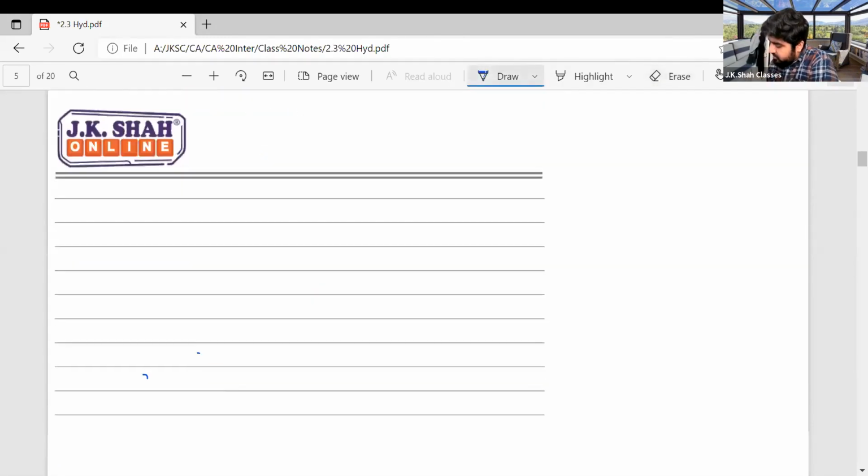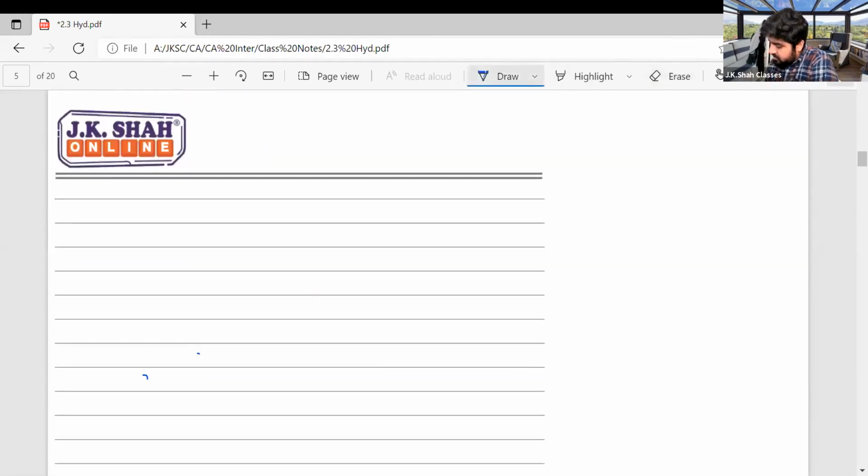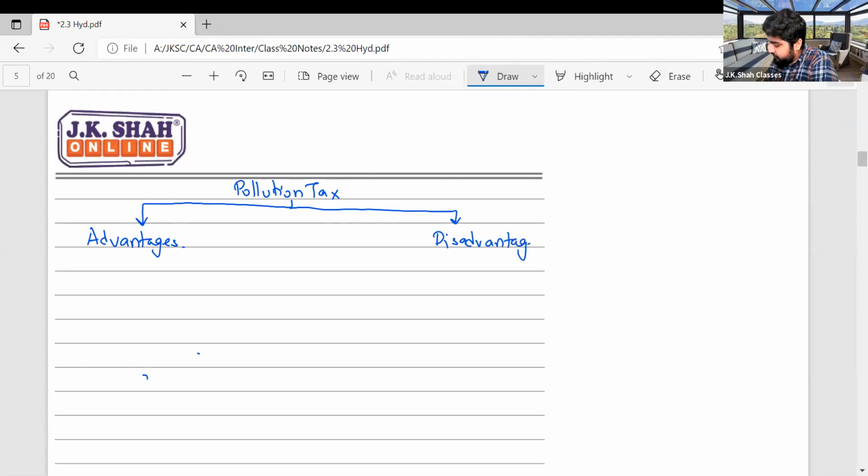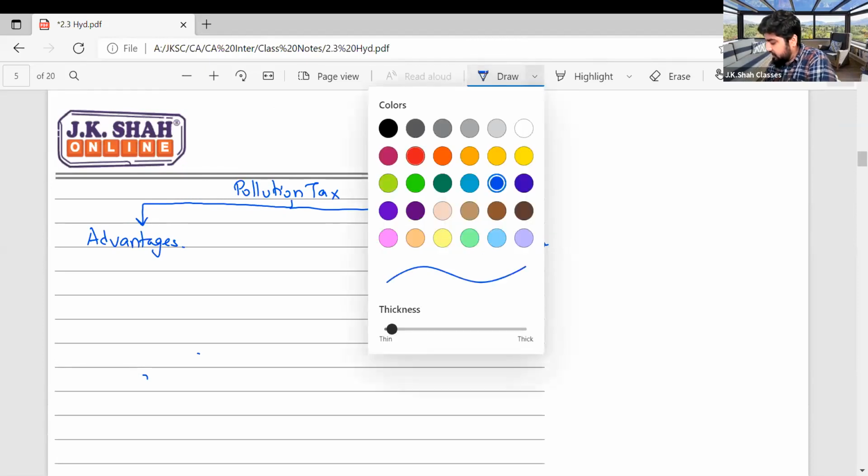I'm just giving you a heading. Pollution tax. So let's say arguments in favor of pollution tax, that is advantages, and we will have disadvantages.